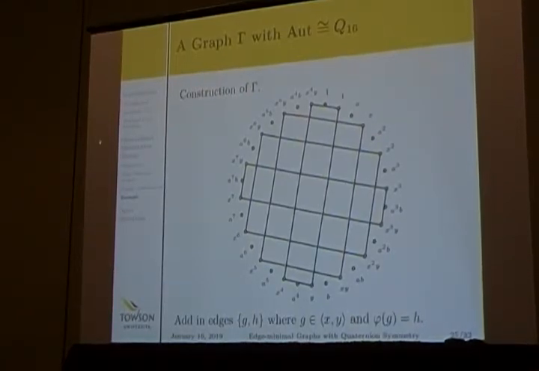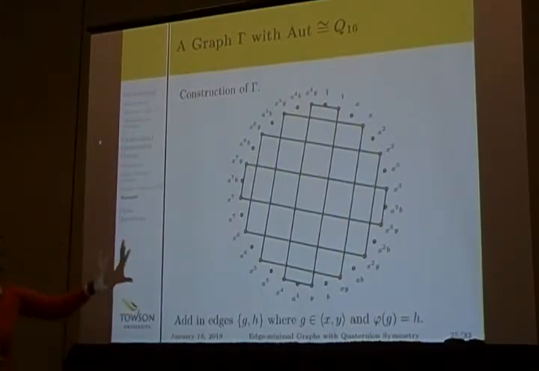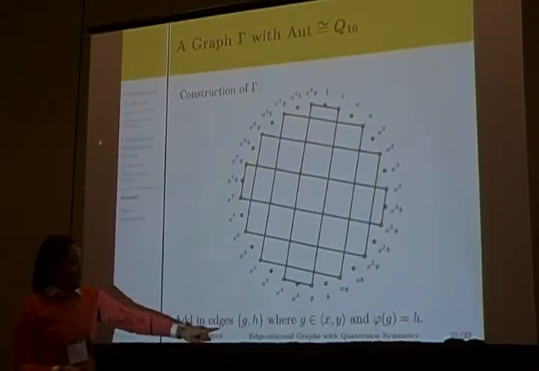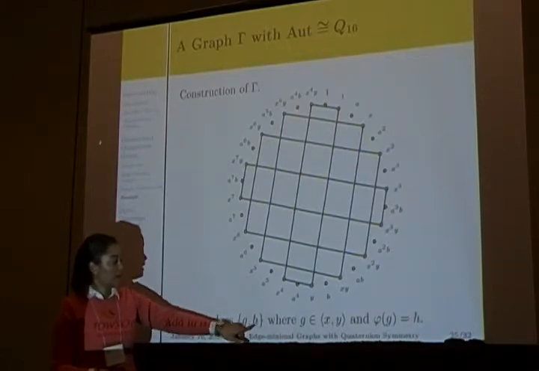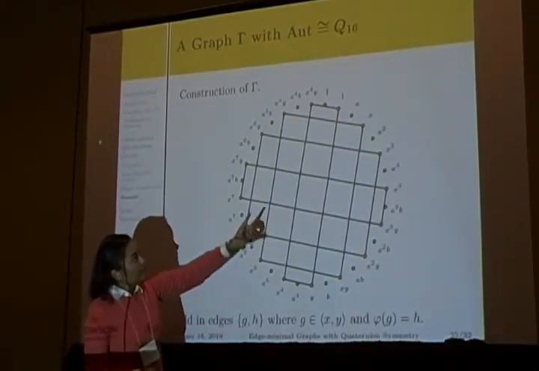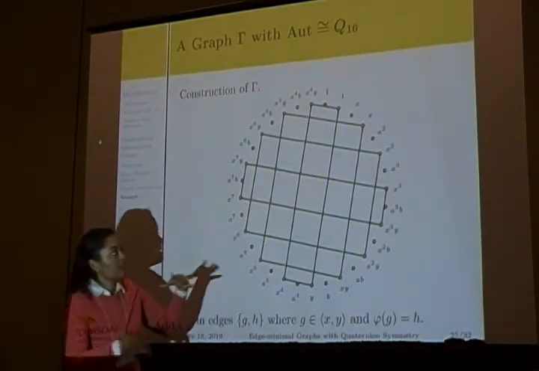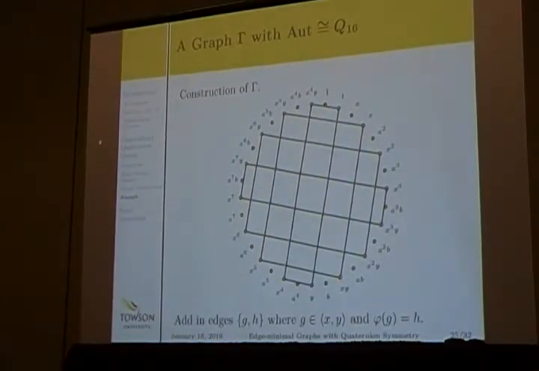I've done that here. In addition to those edges from gamma 1, I want to add in 3 more types of edges. First we're going to add in edges that look like G times H. That's going to connect 1 and 1 bar, A and X, A squared and X squared, and so on. So that will look like this.